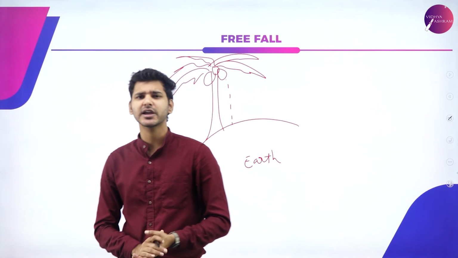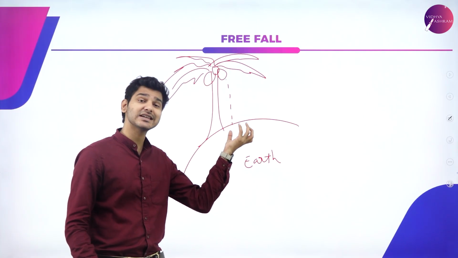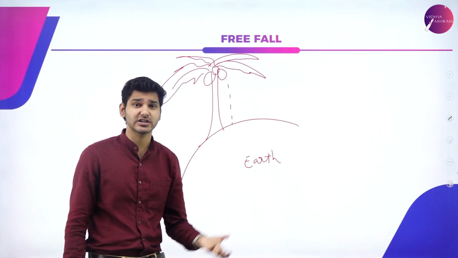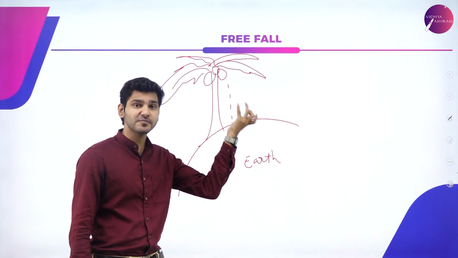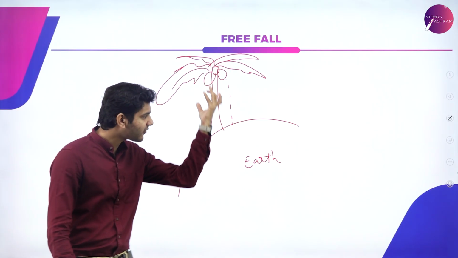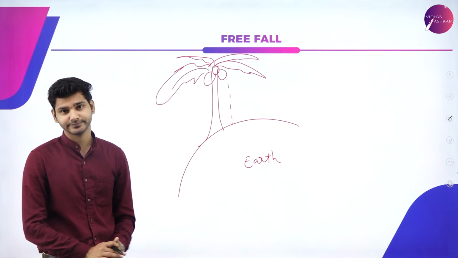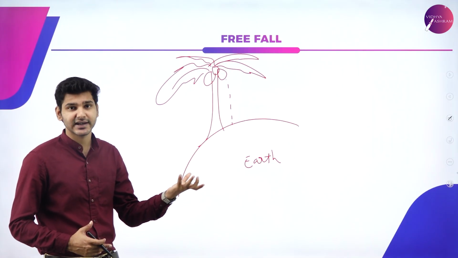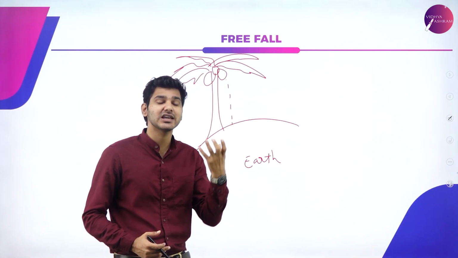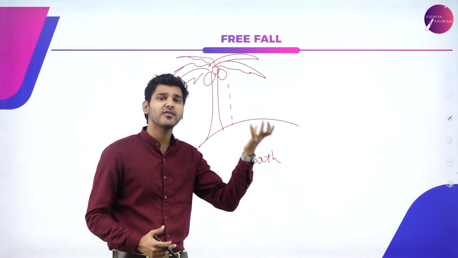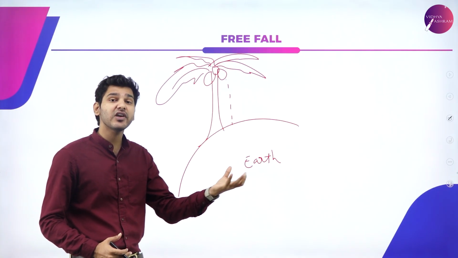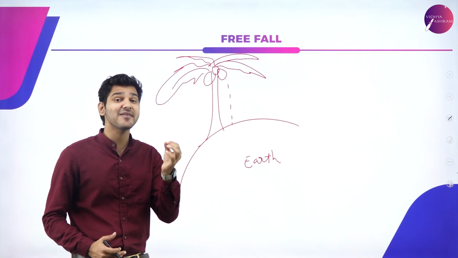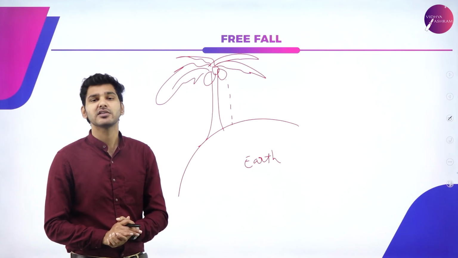Same reason, gravity, right? Because of gravity, the Earth is pulling down on this particular coconut, which means that the object that has a mass is falling down onto Earth. So this effect, when an object is moving under the influence of gravity alone, is known as free fall.